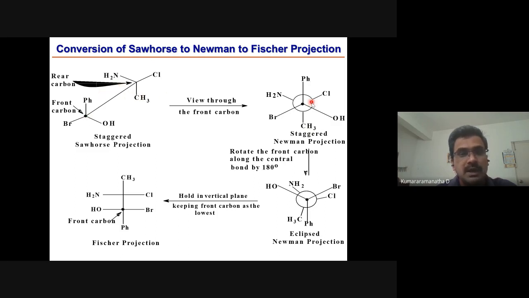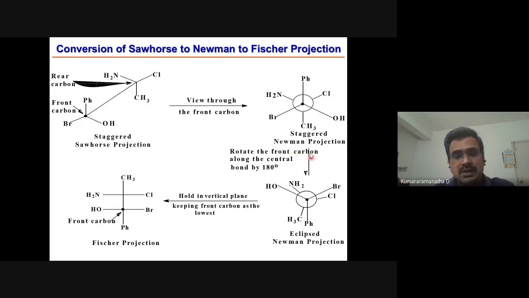So make the rear carbon by a circle and keep the methyl group, amine, and chloro group. So this is the staggered configuration. You can easily identify it because phenyl and methyl are opposite. If methyl had been in the same direction as the phenyl group, then you would have an eclipsed kind of conformation. Now it is a staggered conformation.